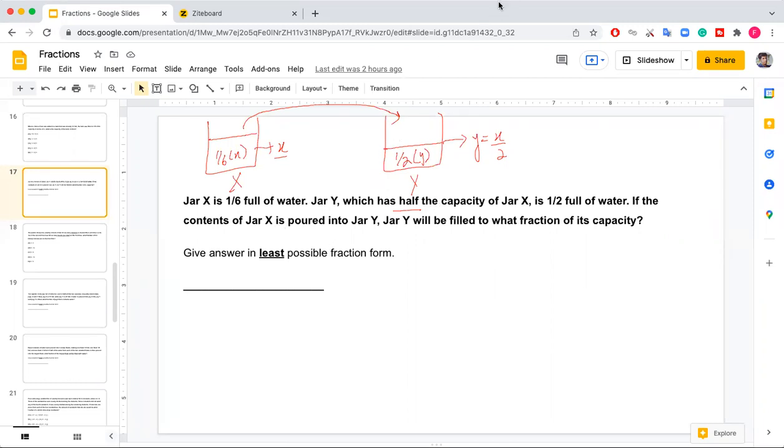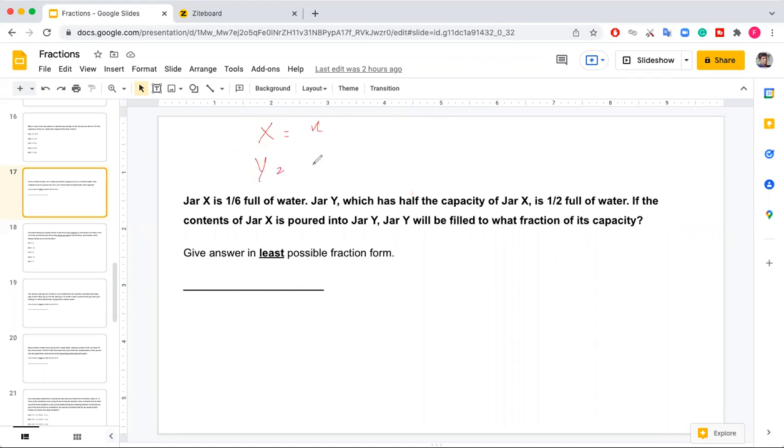Multiple answers are being suggested, like 3/4 and 5/6. Okay, so the capacity of x is 2y, and the capacity of y is x/2. For the time being, just consider this the way he's saying.